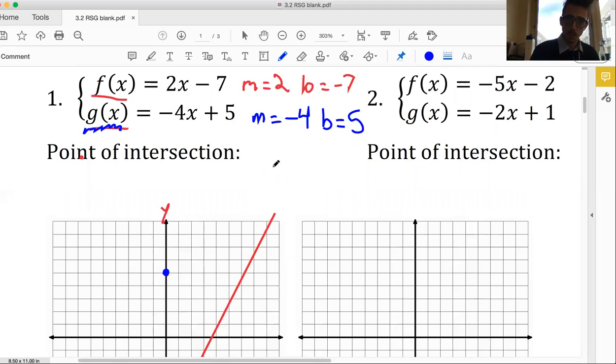I can take a look at my slope. I know that's -4, but if I wanted to write it as a fraction, I could use -4/1. So I know what my rise and my run is. You're more than welcome to do this if your slope doesn't look as if it's a fraction. So I know that I can go rise -4 and then run 1.